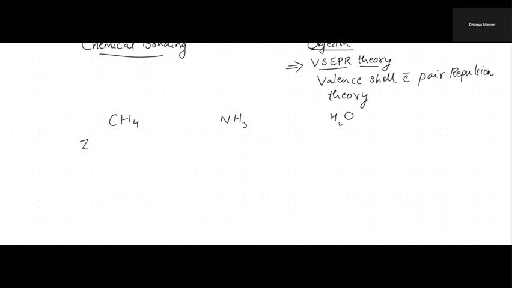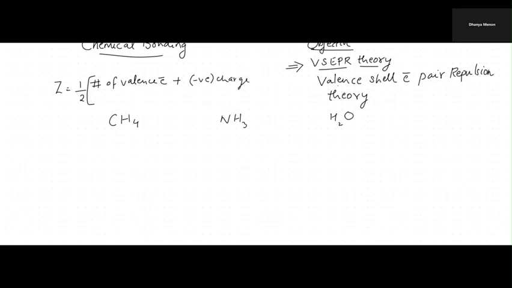Now Z is equal to, so I'll just write at the side the formula of Z. Last time in the last video I had given half of the number of valence electrons of the central atom, plus the negative charge, we add the negative charge.